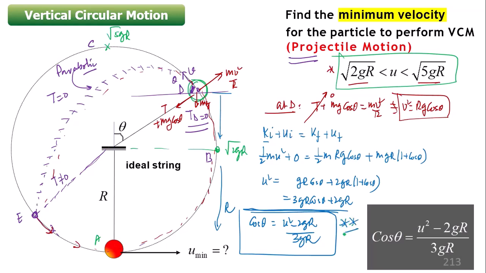So it is a very, very important relation. You can apply it directly for these sorts of problems where you ensure that the particle is between B and C, that is at point D. It all depends on the projection velocity.